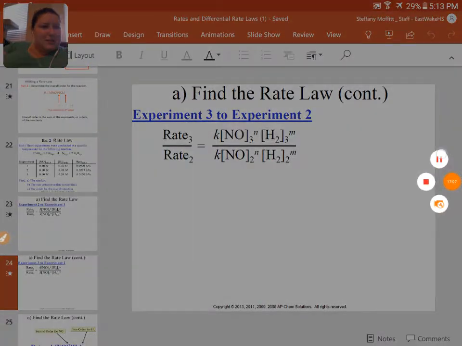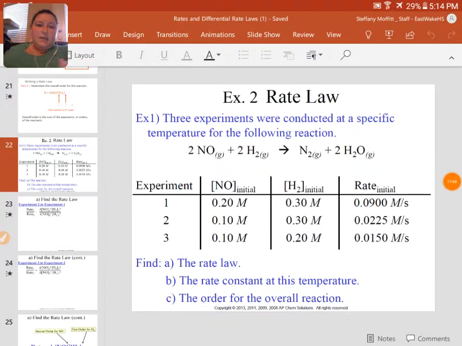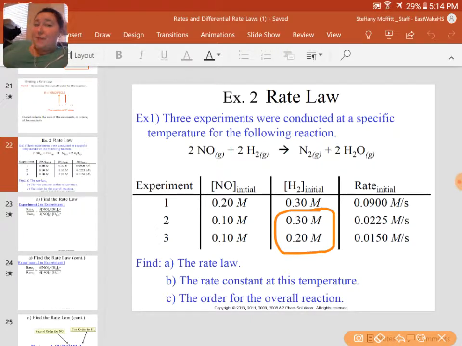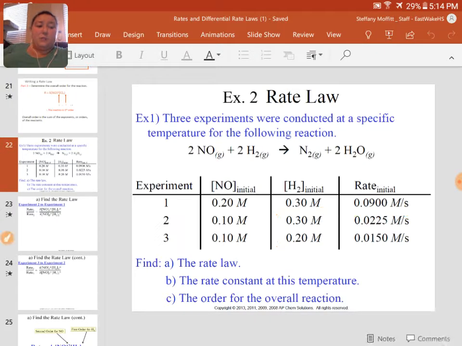In this case, the H2 actually goes up by 1.5, and also our rate multiplies by 1.5. And from there I can just say that it is basically 1. The rate is equal to the change in that concentration, so I call that first order.